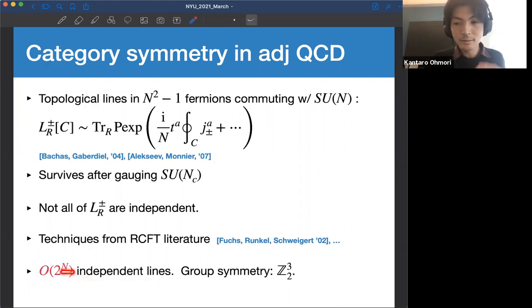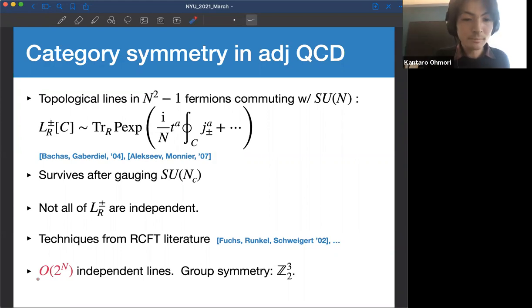So this n is the number of colors, and this should be compared to the fact that the group symmetry is constant in the number of colors, but this categorical symmetry gets bigger and bigger when the number of colors increases.